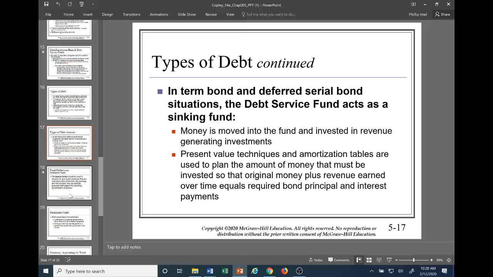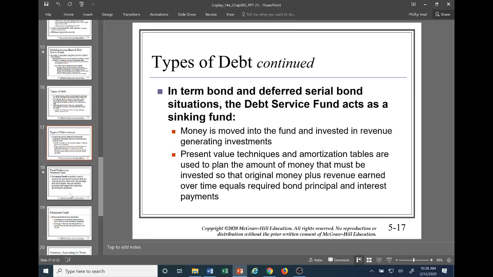So in a term bond or deferred serial bond situation, because you're deferring the payments, right, the debt service fund is going to act as a sinking fund. What do I mean by that? Money is moved into the fund and invested in revenue generating investments. Even though we don't have a payment due yet, we're going to go ahead and act as if we do.